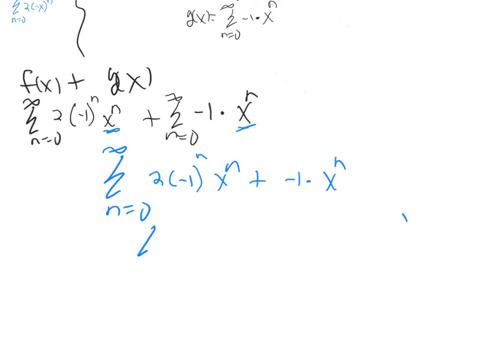Factor out the x to the n. That's what he did in our sample, just for kicks. He put the x to the n on the outside, factor it out. That leaves me 2, negative 1 to the n, plus a negative 1.